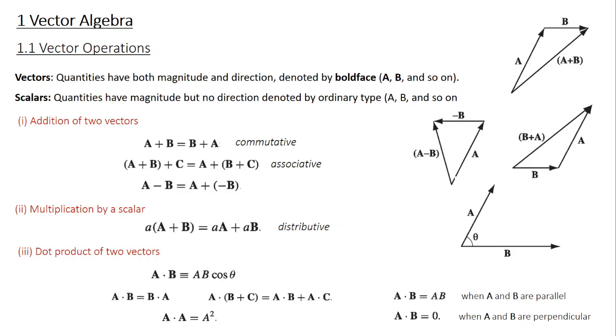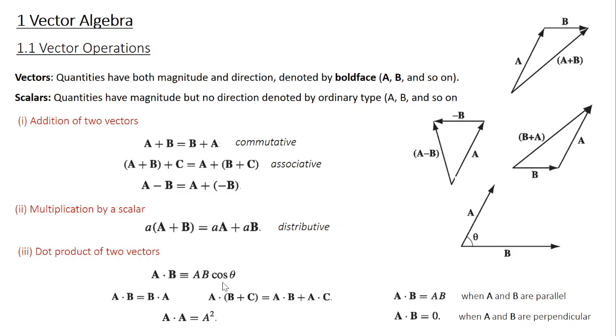So this is the product of the magnitude of vector A with the projection of vector B along the direction of A. Now the dot product is commutative. A dot B is the same as B dot A. It is also distributive. A dot (B plus C) is equal to A dot B plus A dot C.